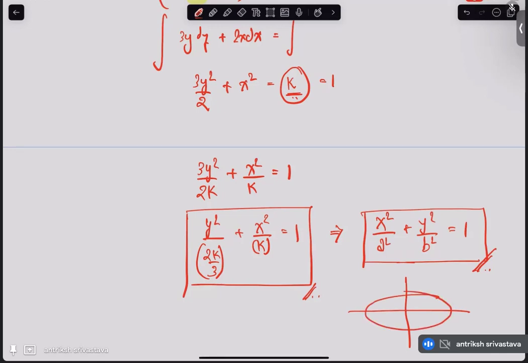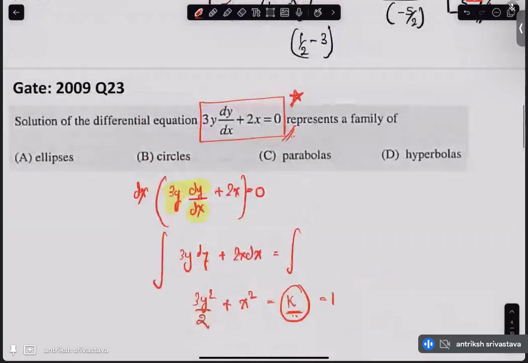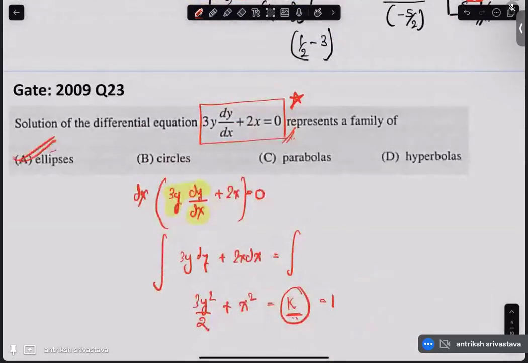Where a and b are the minor and major axes; whichever is bigger becomes the major axis, and what is smaller becomes the minor axis. All right, so this is the answer. We can simply integrate this and get the answer. That is what was asked of us in this question.